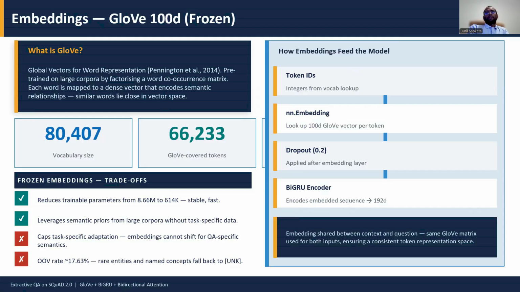That reduced the overfitting. About 17.6% of the words aren't in GloVe and fall back to UNK. The same embedding matrix is shared for both the context and the questions.